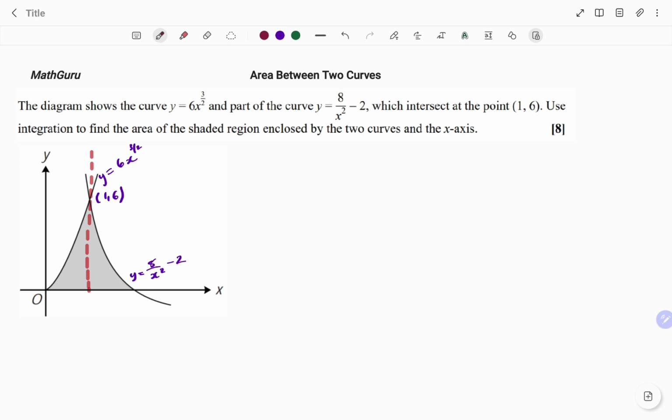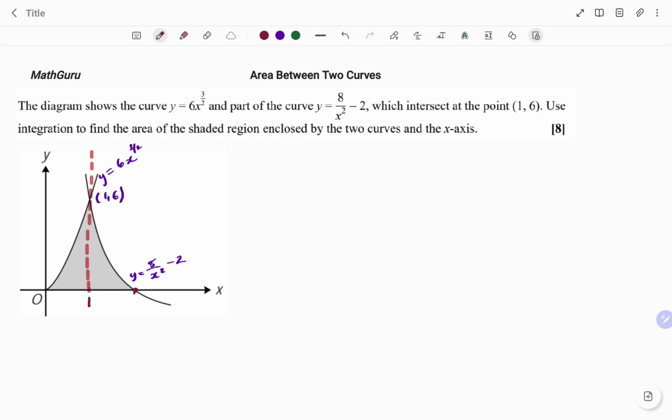And then because the coordinate of intersection is (1, 6), we have the point on the x-axis as shown to be 1. So we have the areas between 0 and 1, and then 1 and the next point, which I'm going to show you how to calculate, the point of intersection on the x-axis for the second graph.